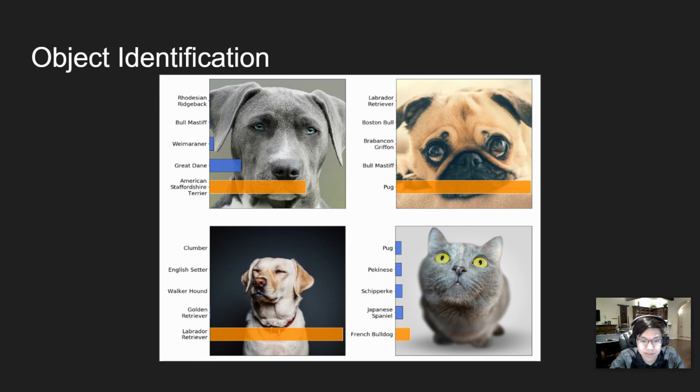So here is an example of what object identification or classification looks like. The computer here has been given a list of options and is given an image as an input. It then outputs what its decision is and what it believes is the image based on previous training.